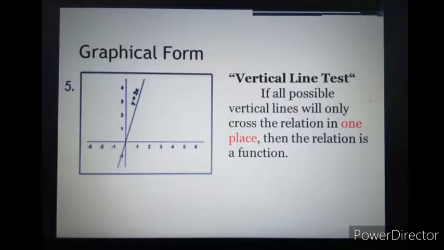The last example is in a graphical representation. A good way to determine whether this graph is a function or not is by using the vertical line test. A vertical line test is simply drawing a vertical line so that it intersects the graph.